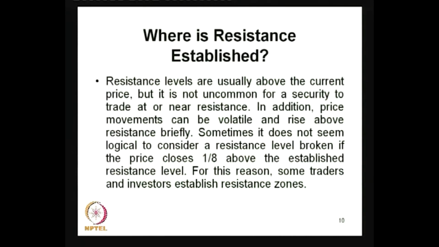In addition, price movements can be volatile and rise above the resistance briefly, as we just discussed. Sometimes it does not seem logical to consider a resistance level broken if the price closes 1/8 above the established resistance level. For this reason, some traders and investors establish resistance zones.